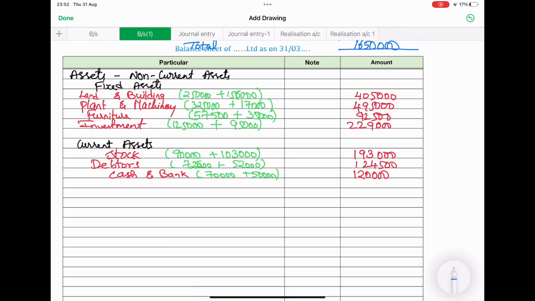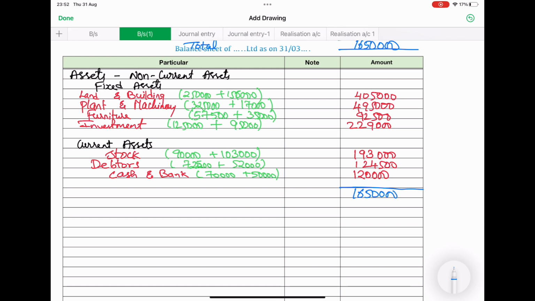Let's see, if you add it, you have to get the same value. So 4,05,000, 4,95,000, 92,500, 2,29,000, 1,93,000, 1,24,500 plus 1,20,000. Yes, exactly, we are getting 16,50,000.